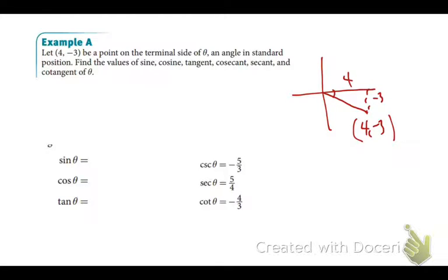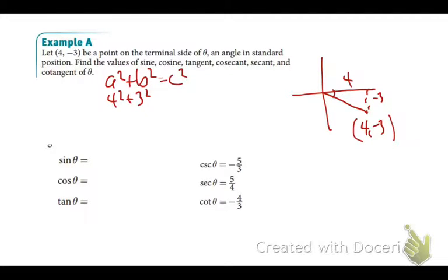This is a right triangle. What do we use to find the hypotenuse? How do we find sides with right angle triangles? What is your formula? Remember what it is? A squared plus b squared equals c squared. All right. So we have 4 squared plus 3 squared.